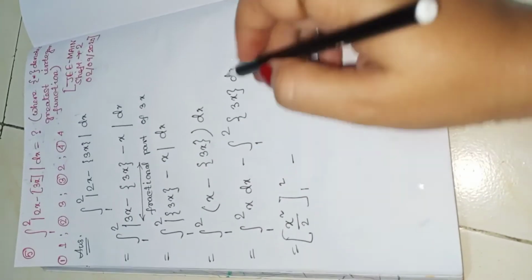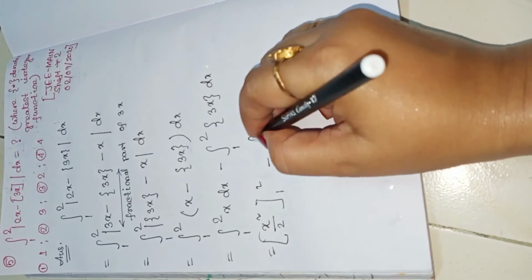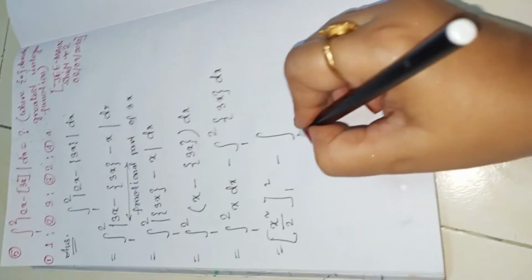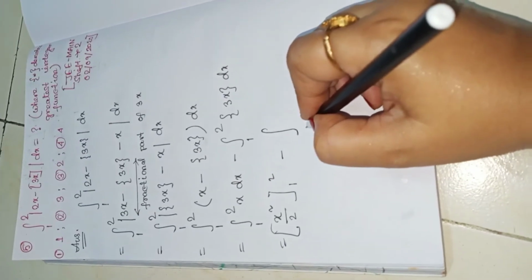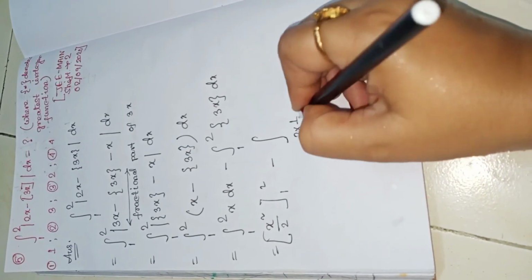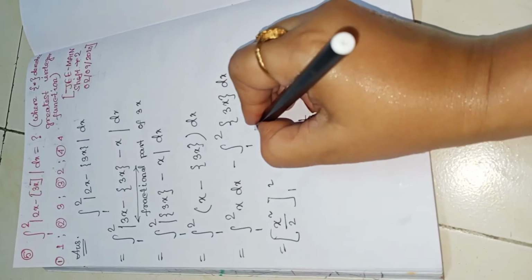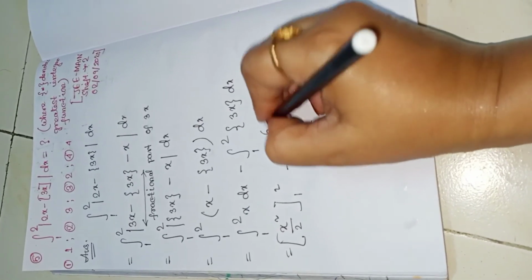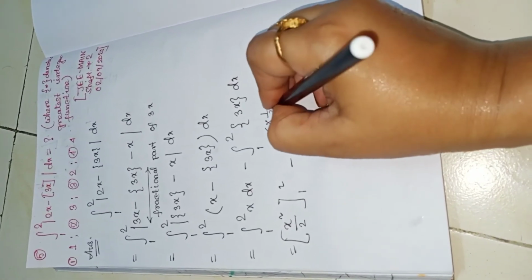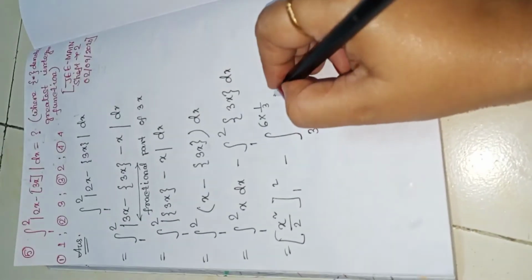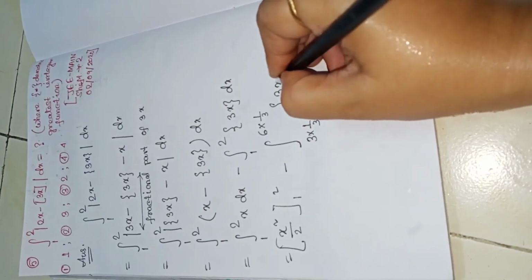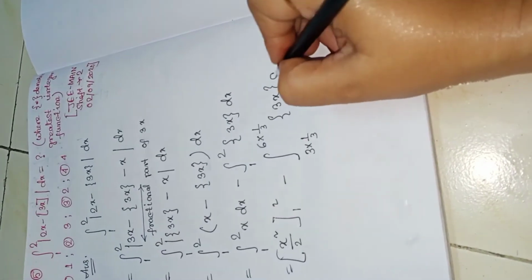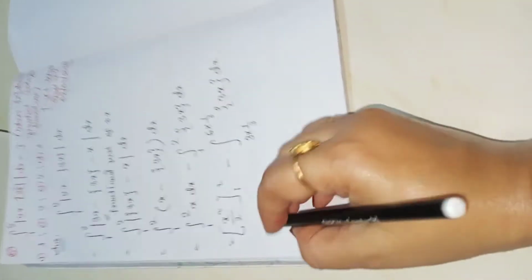Now, to solve this integral, we change the limits: 3 into 1 by 3 is 1, and 3 into 2 by 3 is 2, and this is the fractional part of 3x dx.